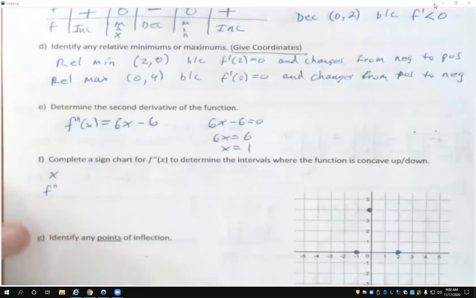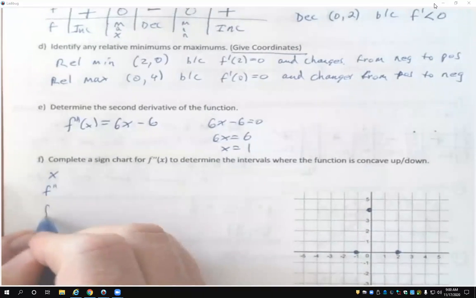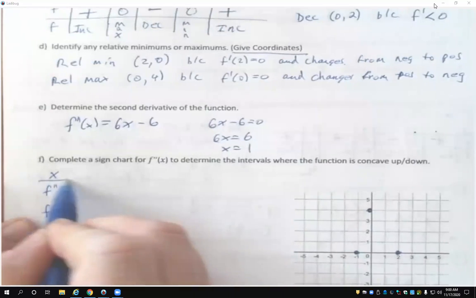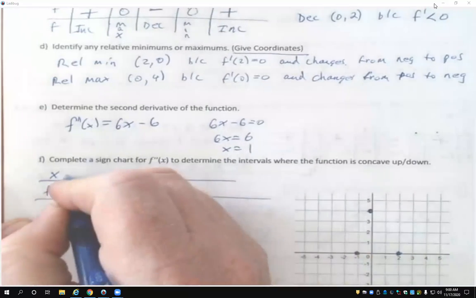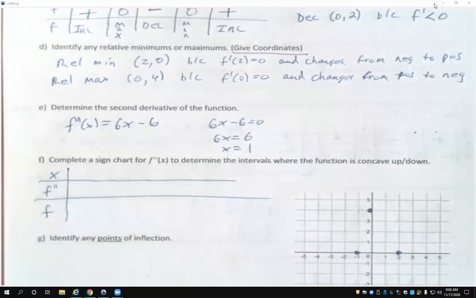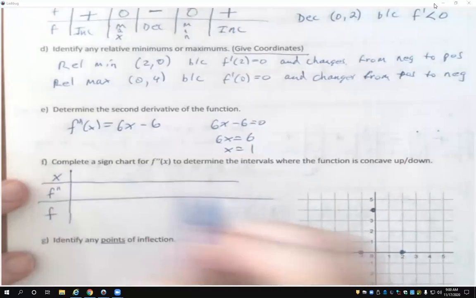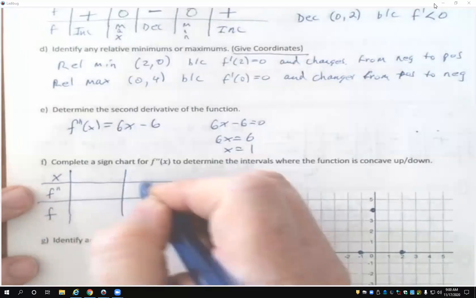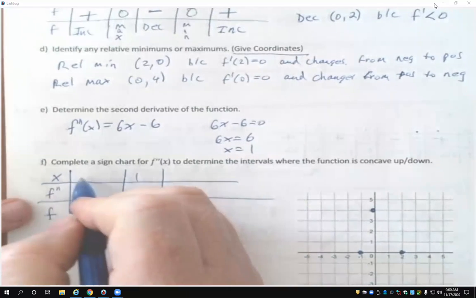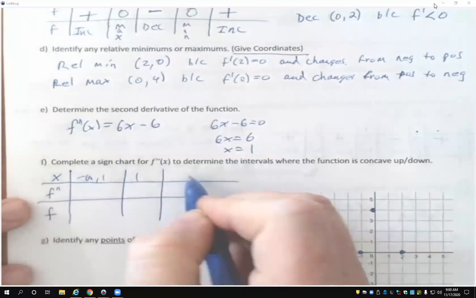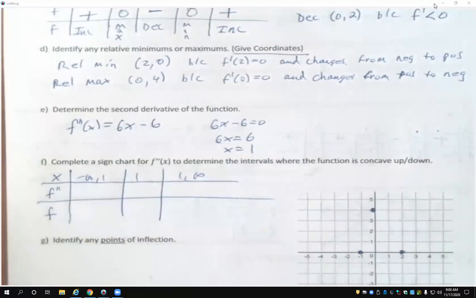Now we're going to go down here in F and make our sign chart again, but this time we're only concerned with what f double prime is doing. My only critical number is 1. So this is negative infinity to 1, and this is 1 to infinity.